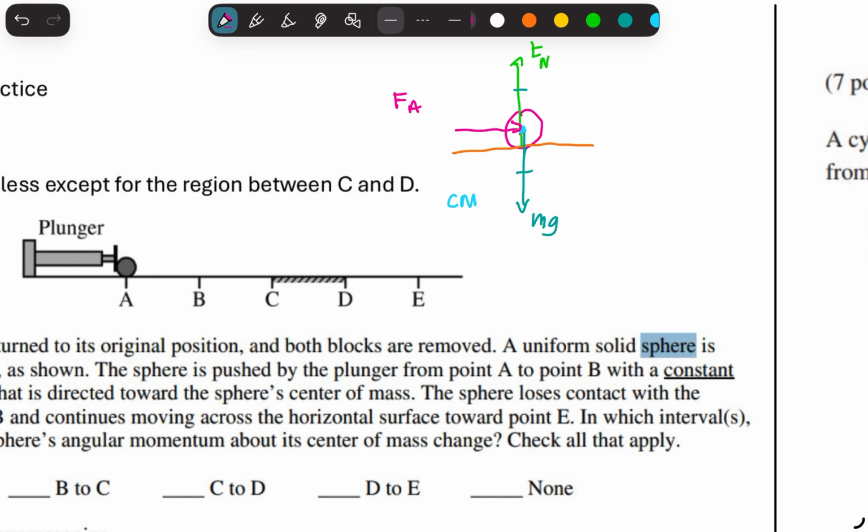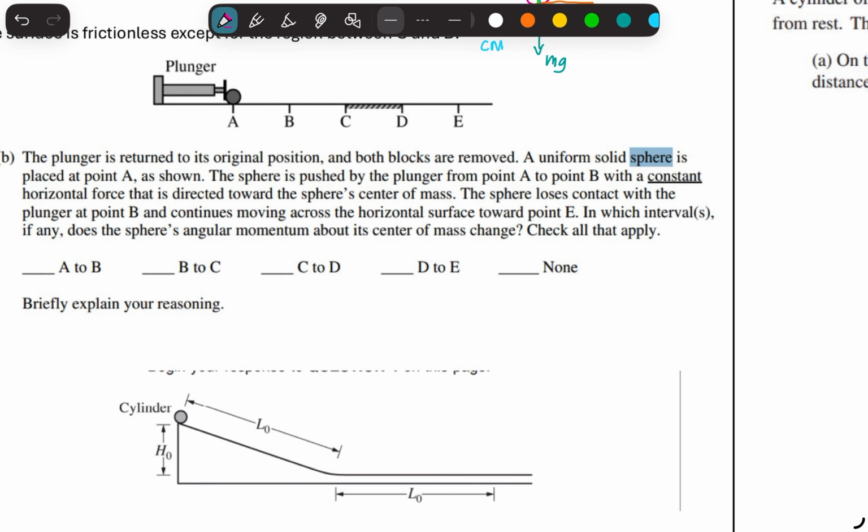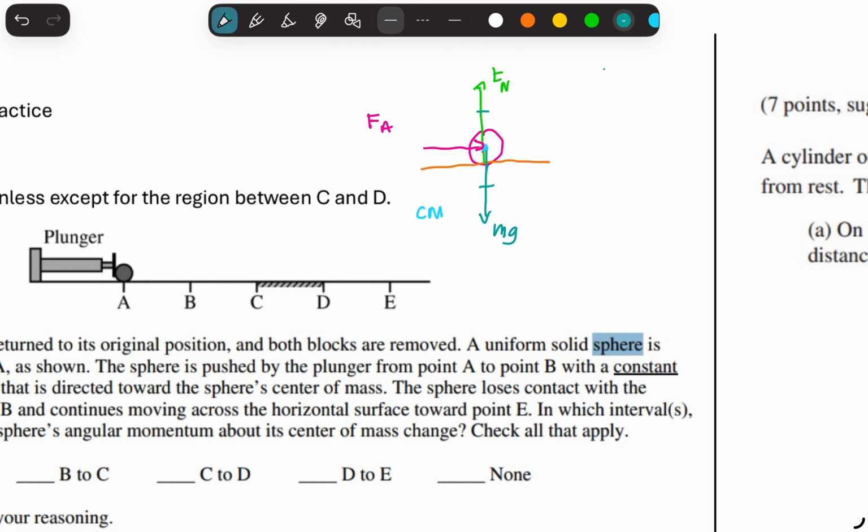And we know that our torque is going to be about the center of mass. And we can analyze this torque about center of mass. So we can analyze what our torque is for each of these forces.